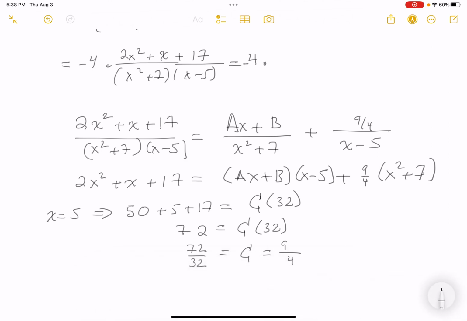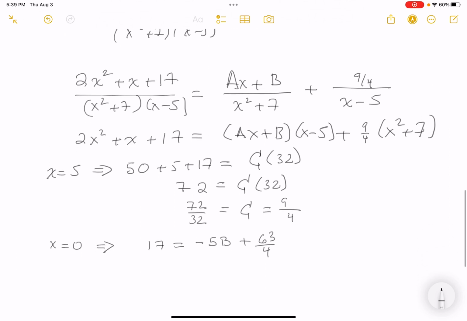Let's move on. The next number I'm going to pick that I believe to be easy is x equals 0. And what would that give you? On the left side, you get 17. That's super simple. On the right side, you're going to get minus 5b if x is 0, and then you're going to get plus 63/4.